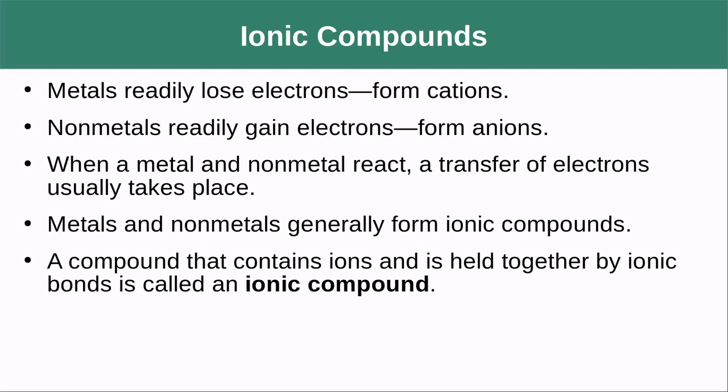Okay, so that electron really wants to be with the nonmetal more than it ever did with the metal. So metals and nonmetals generally form ionic bonds. And so the compounds that are made from metals and nonmetals are called ionic compounds.